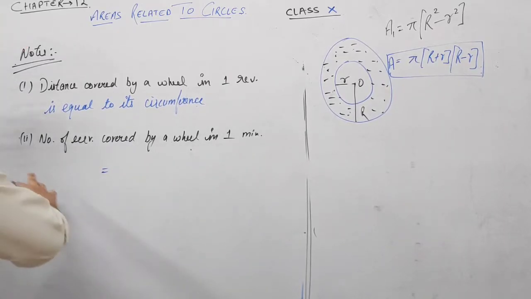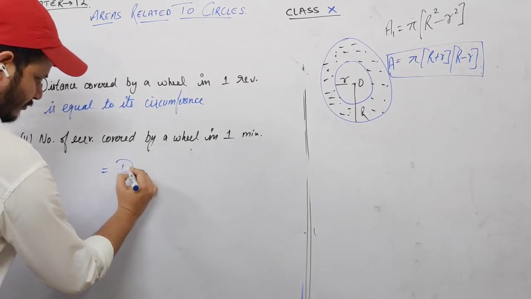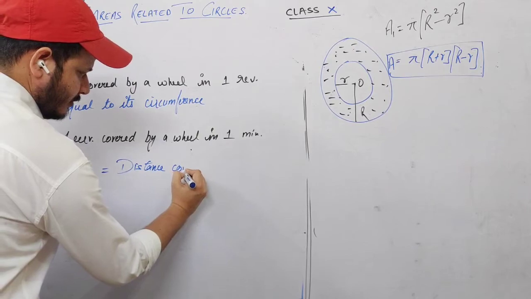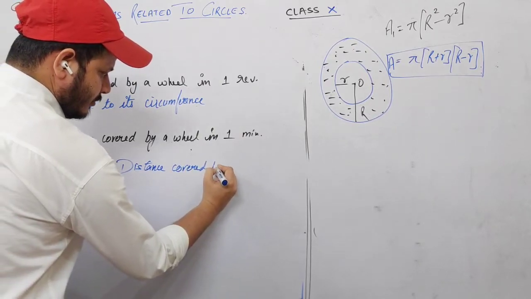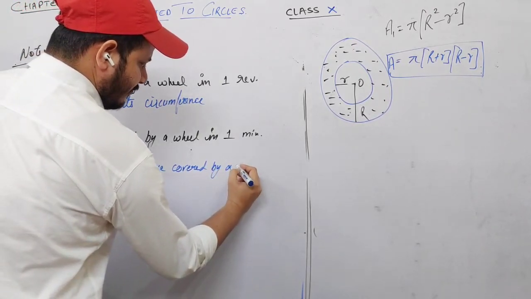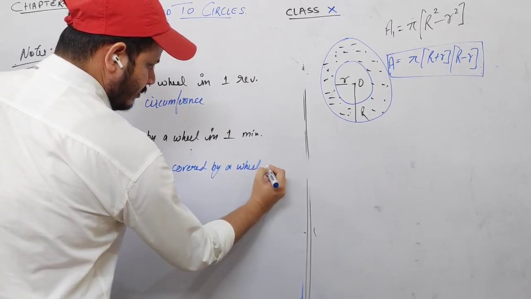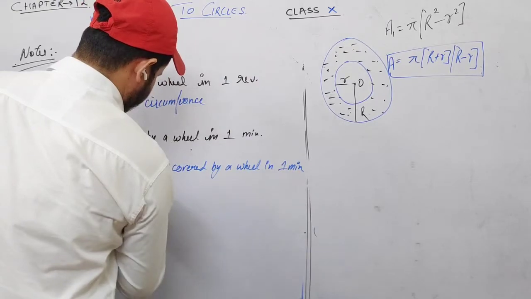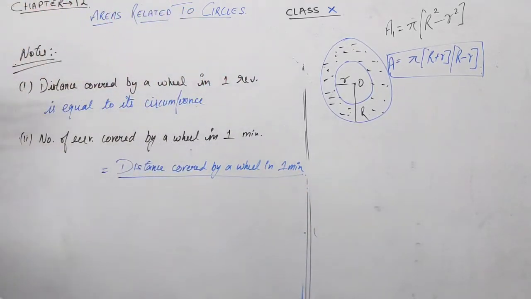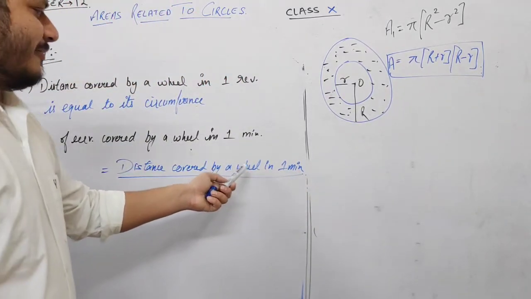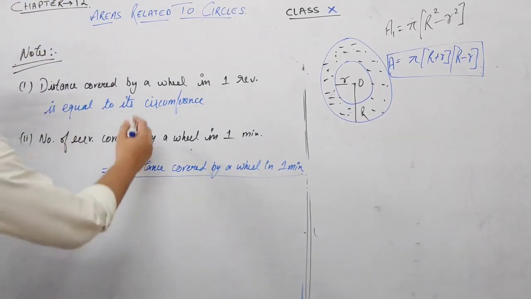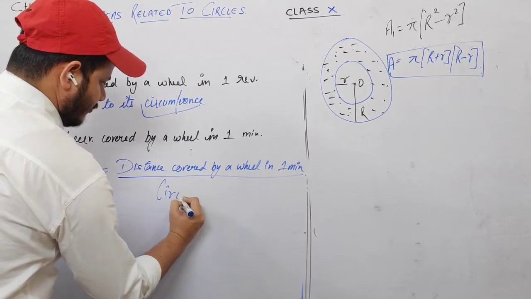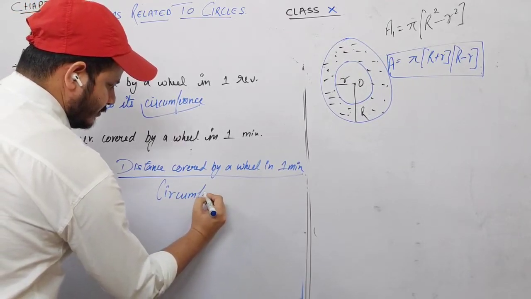It is equal to the distance covered by the wheel in 1 minute divided by the circumference of the circle.